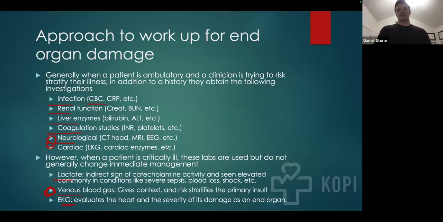When we talk about what things actually change my management quickly, it's generally these bottom three tests rather than these top tests that are all included in the workup for end organ damage.